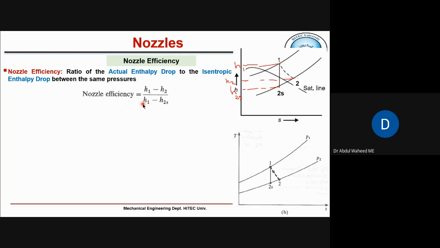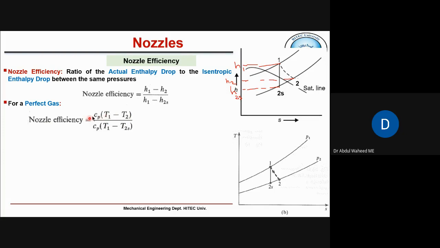And for a perfect gas or for an ideal gas, we can write this equation by replacing delta H with Cp dT. So it is Cp into T1 minus T2 divided by Cp into T1 minus T2s. So we can write this nozzle efficiency in terms of temperature also.